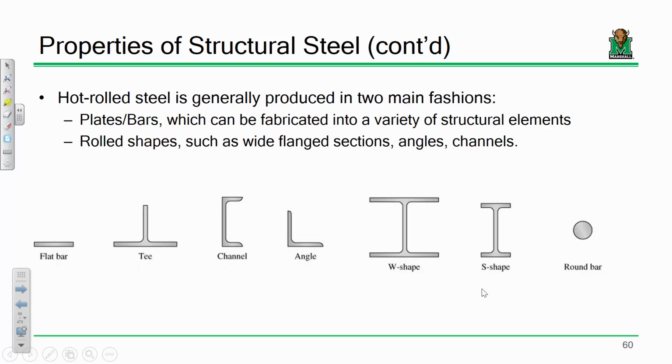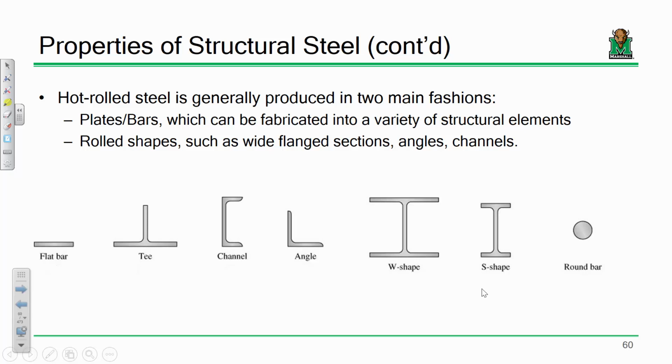Okay, now let's talk about the types of steel products that we deal with in structural engineering. Right off the bat, we will be dealing with problems where it's just plate, like designing a connection for a half-inch thick plate, or looking at bolts and welds and things like that.